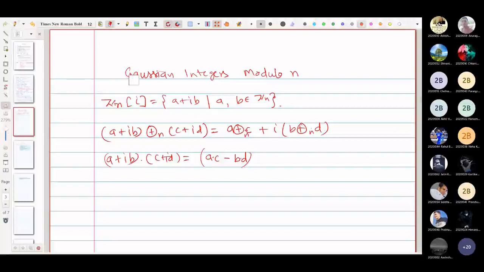Or should I write it like this: a multiplication modulo n c, then minus b multiplication modulo n d, plus i times b multiplication modulo n c, and then what else we have here, a multiplied modulo n with d.